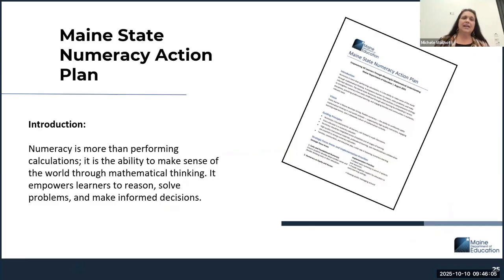And in the introduction of this plan, we state numeracy is more than performing calculations. It is the ability to make sense of the world through mathematical thinking. It empowers learners to reason, solve problems, and make informed decisions.